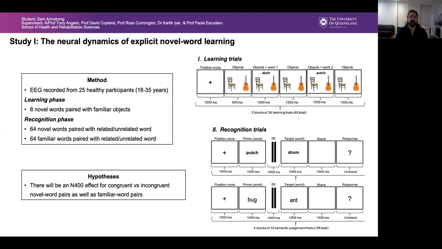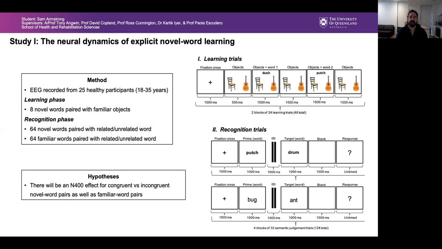Our second experiment focuses on implicit learning. Here, participants observe multiple ambiguous presentations of new words and familiar objects. Similar to the previous experiment, we are recruiting 30 people and recording their brain activity using EEG. However, this experiment is structured somewhat differently, where during the learning phase, participants learn new names for familiar items via multiple ambiguous presentations of co-occurring words and objects.